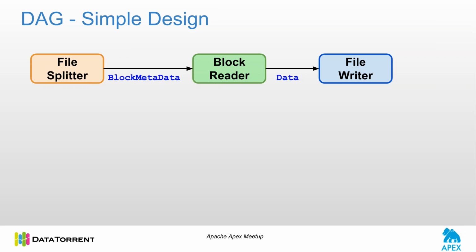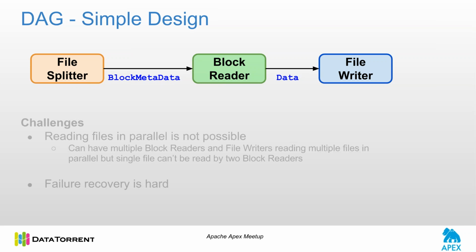Now in this case, when you have to write a 1 TB file, the file splitter is going to emit block 1, that is the first GB of block metadata, then the second GB, then the third, fourth, fifth, sixth, like that. So it's going to give the block reader instructions to read this data one after another in sequence. And all the file writer has to do is append that incoming data based on the file name and create the original file. This is a very simple design.